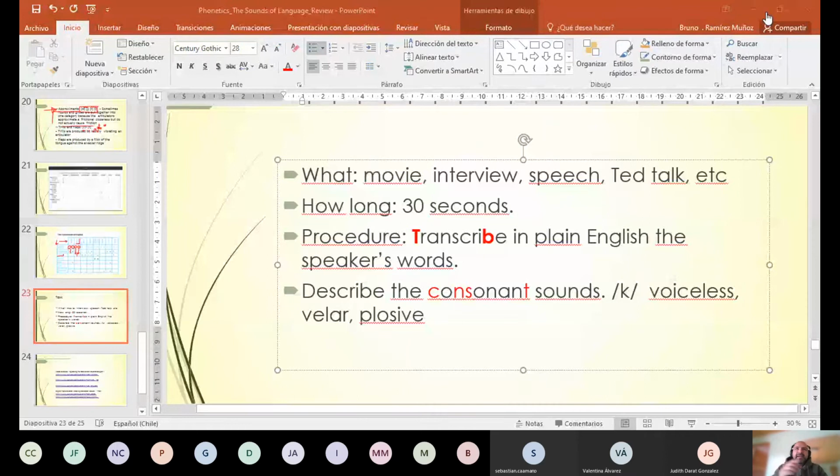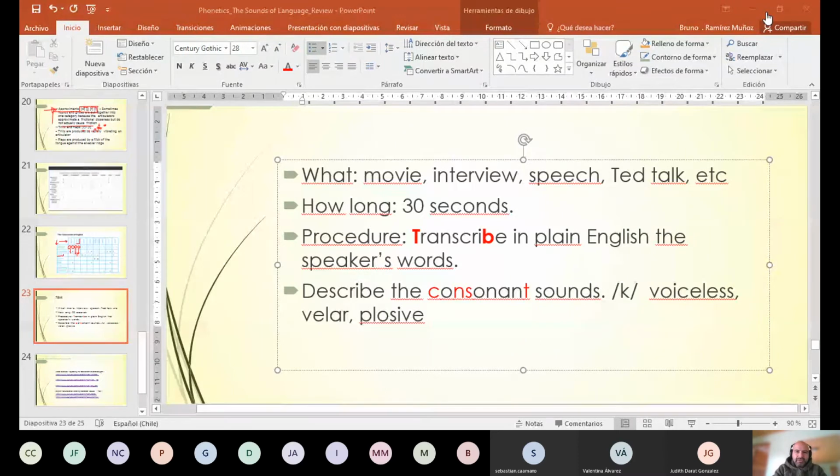And then Pia can repeat the video, this time with subtitles or closed captions, or she can show a PowerPoint presentation or a Word file, whatever she wants. And she will be focusing on the consonant sounds.